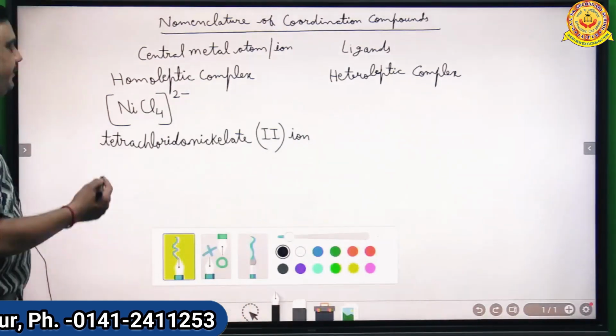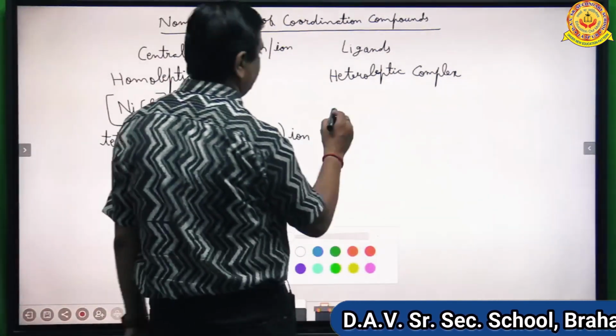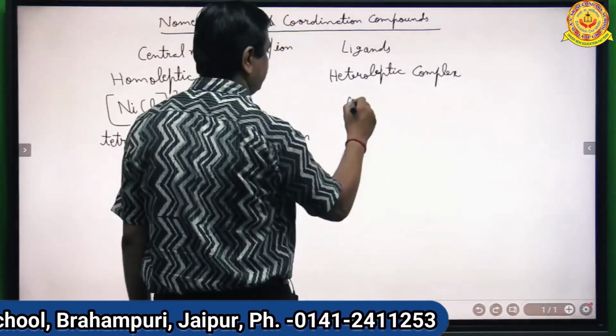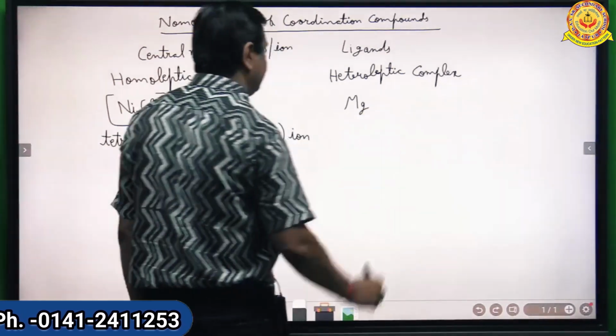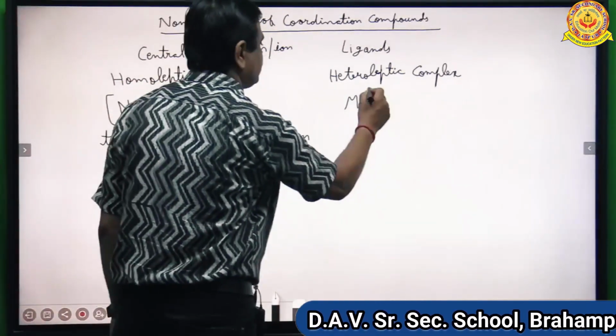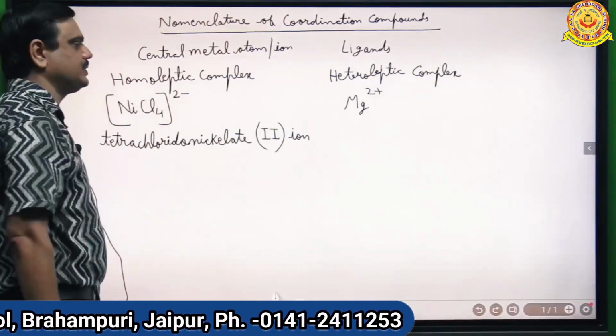Alright, and if I use any counter ion, for example, this time I take magnesium, suppose. Now the charge of magnesium is +2 and the charge of the complex is -2.